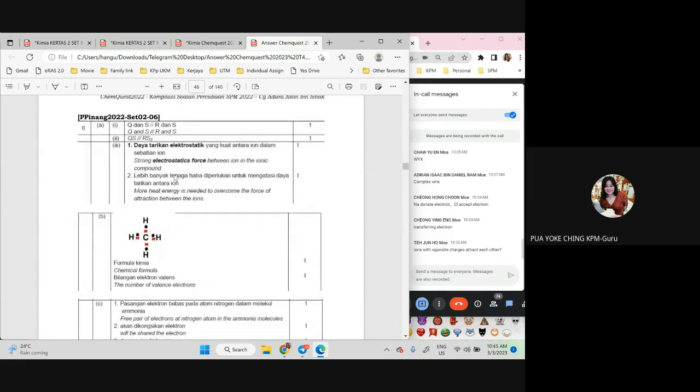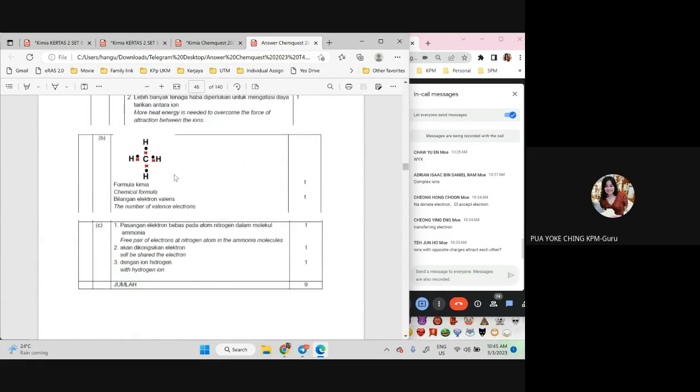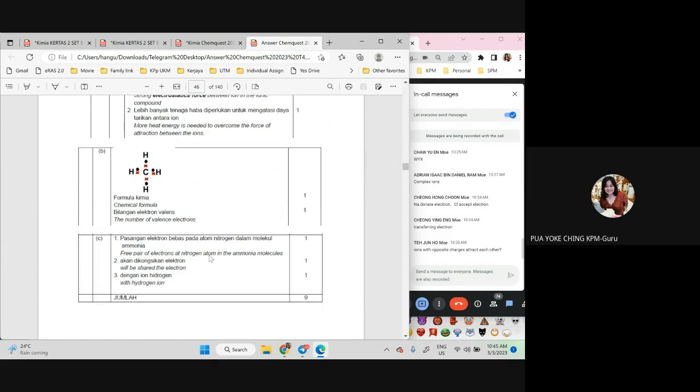Okay, this is the dative bond. If dative bond, you must have the pasangan electron bebas, which is your free pair of electrons, or you can call it your lone pair electrons in the ammonia molecule, which will share with the hydrogen ion.